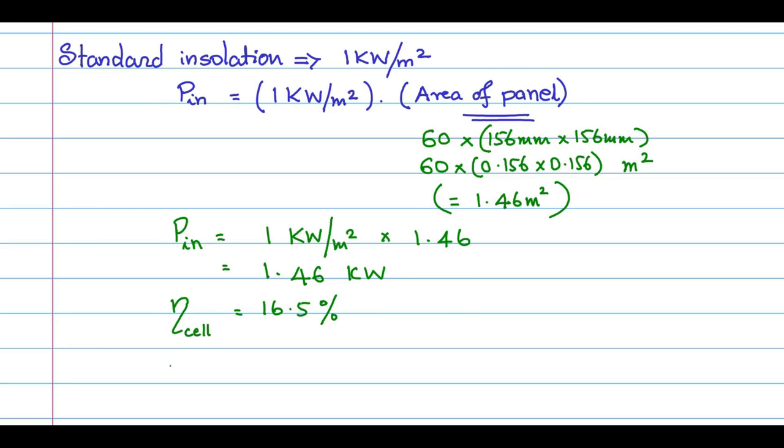Therefore, P naught, which is equal to PM, the max power, will be the efficiency of the cell into P in, which is 1.46 kilowatt into 16.5 by 100, which is approximately 240 watts.